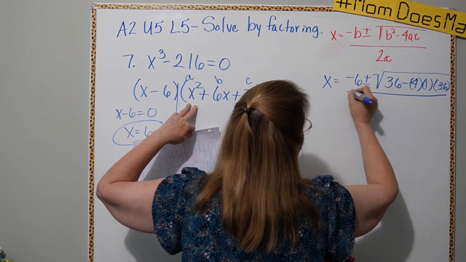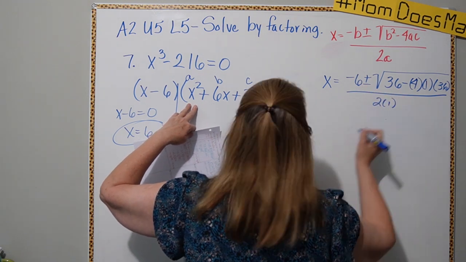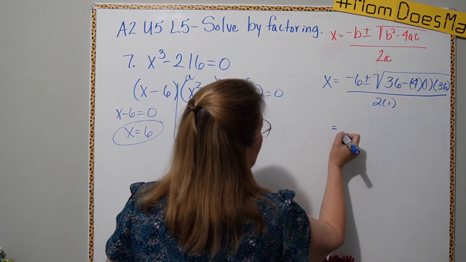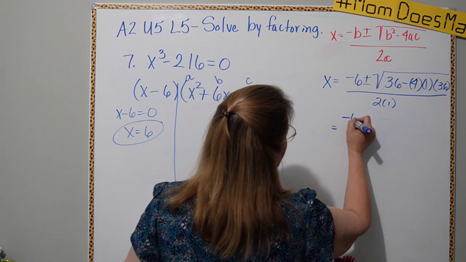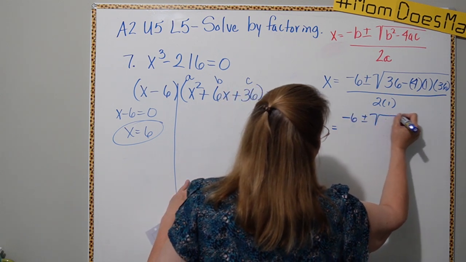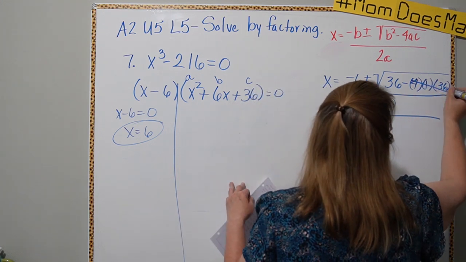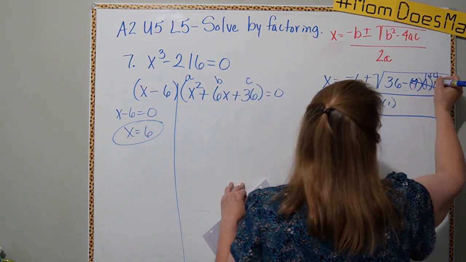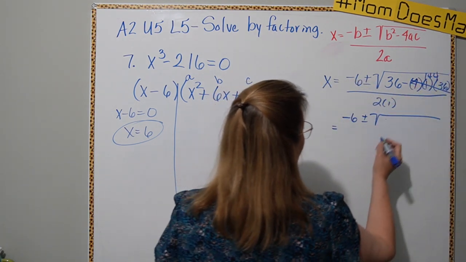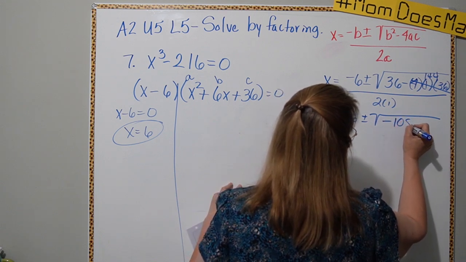And this is all going to be over 2 times A, which is 1. Okay, so let's come over here and clean up some. It's going to be negative 6 plus or minus 4 times 36 is 144. And 36 minus 144 is going to give me negative 108.